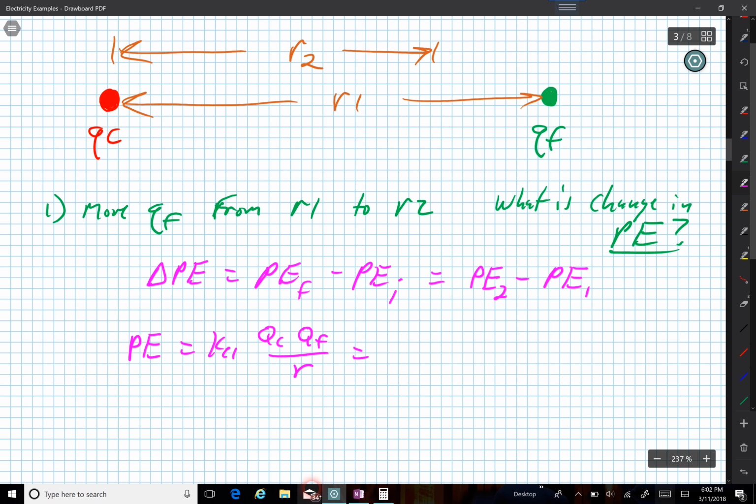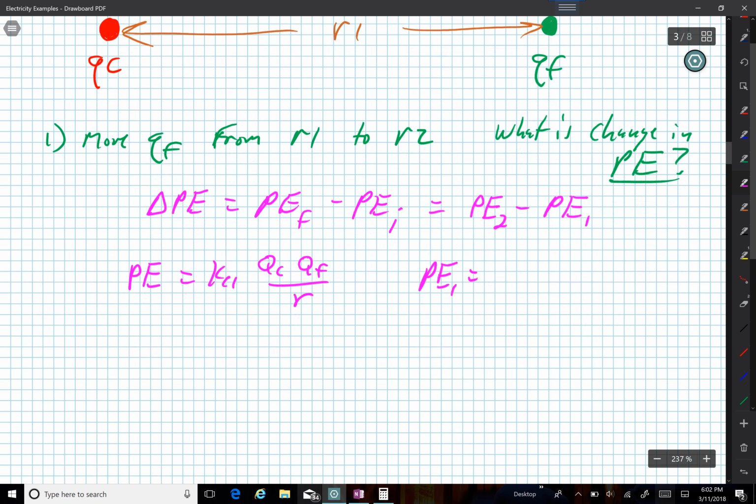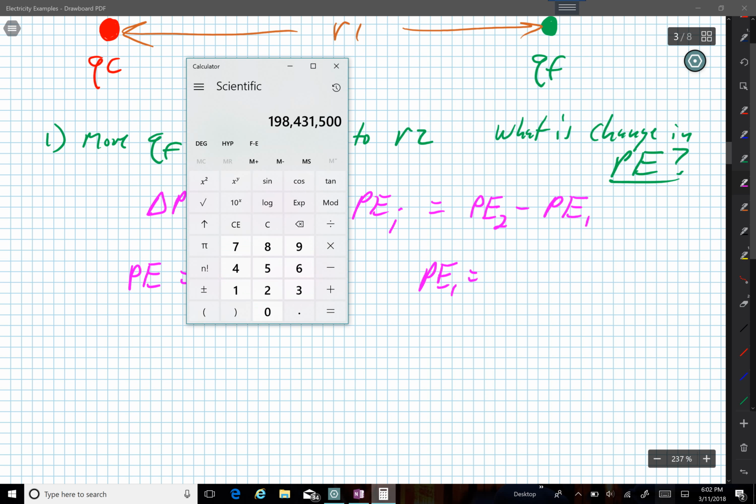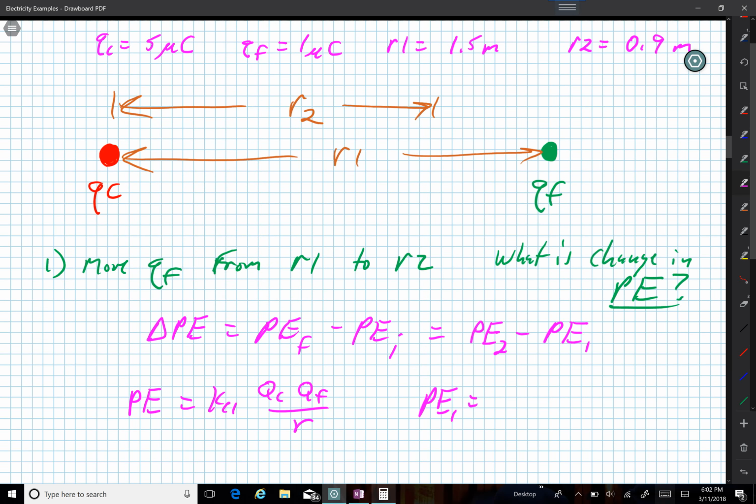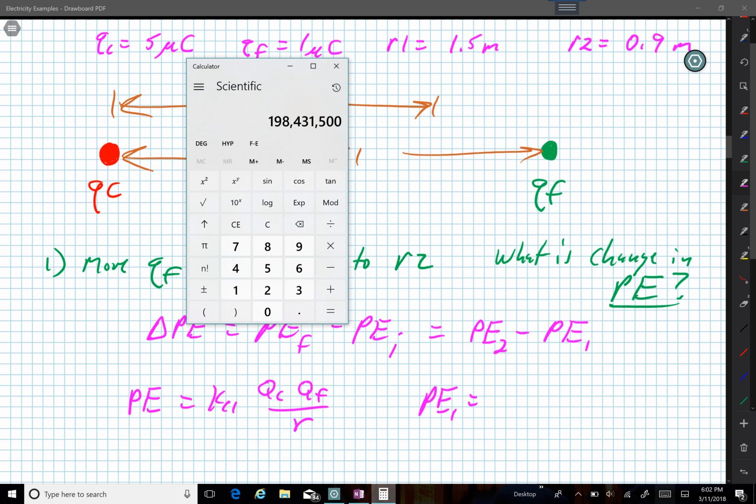And so we can say, we'll just calculate these. PE1 is something. Let's figure out what PE1 is. And we'll go here so I can see my numbers. Clear.